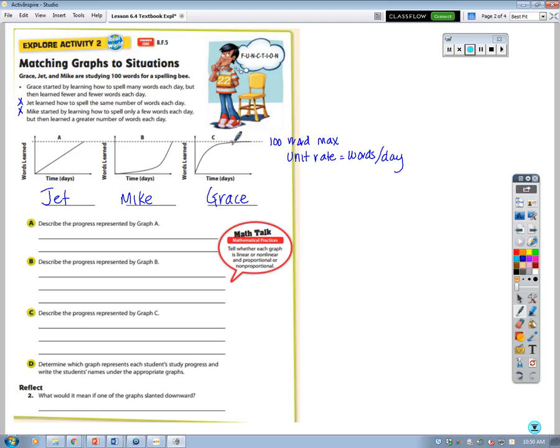So describe the progress represented by A. So this is graph A, and we can see that this is a constant rate. So describing that constant rate and applying it to the progress represented, a constant rate indicates that the student learned the same amount of words per day.